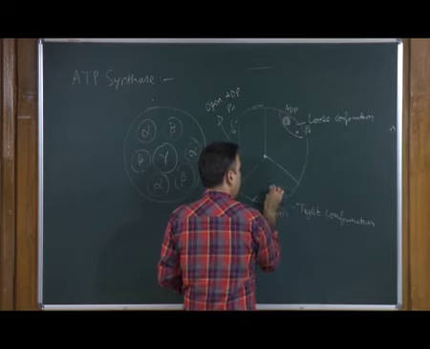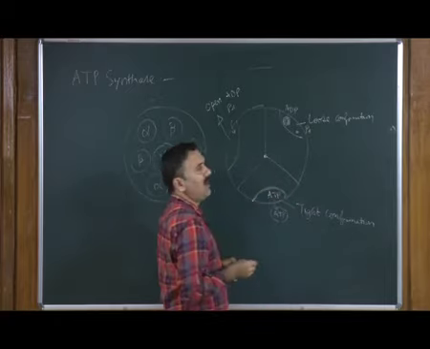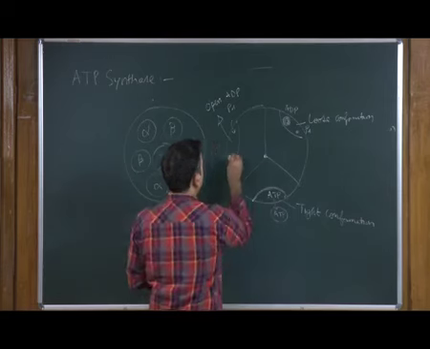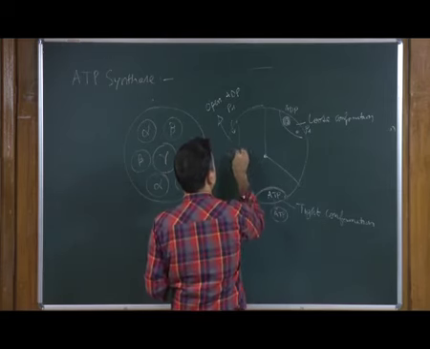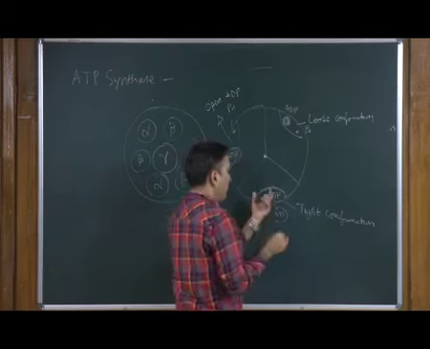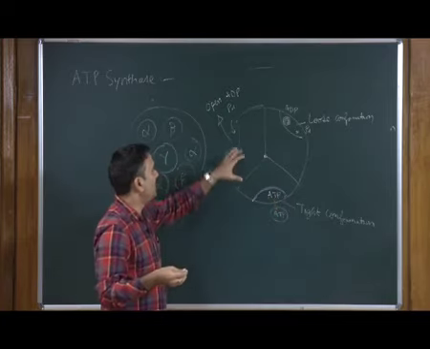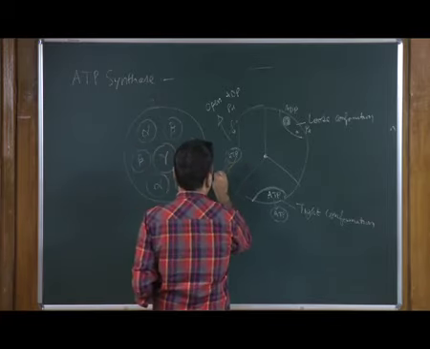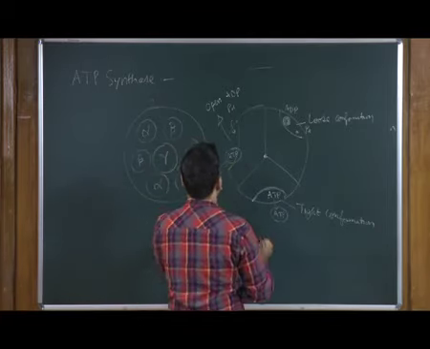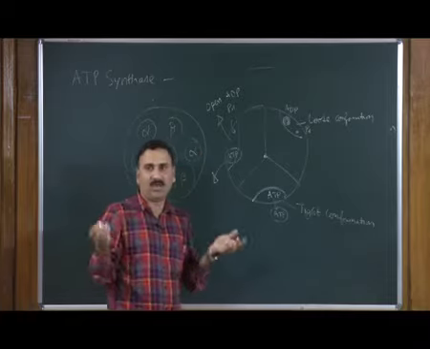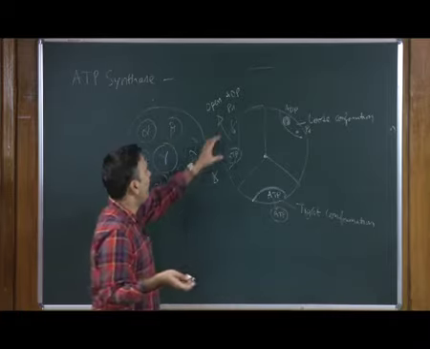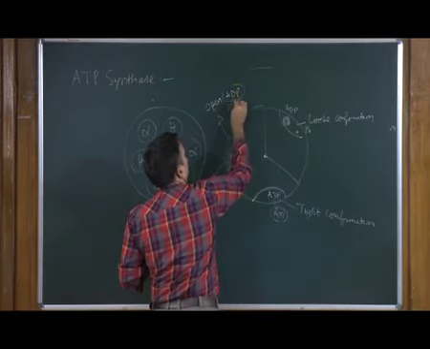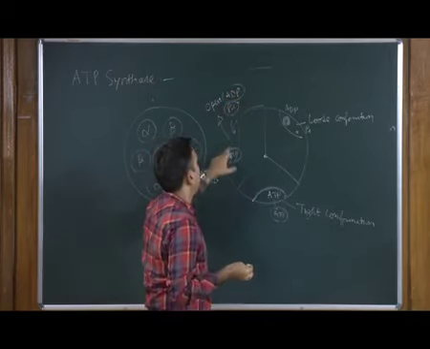As soon as the ATP is generated, again the gamma chain is inducing a conformational change, and because of that the ATP which is bound very tightly in the tight conformation, the active site changes its conformation. As a result, the ATP comes out because the active site conformation is now in the open conformation, and because of that ATP is released and the new series of ADP and PI comes in.